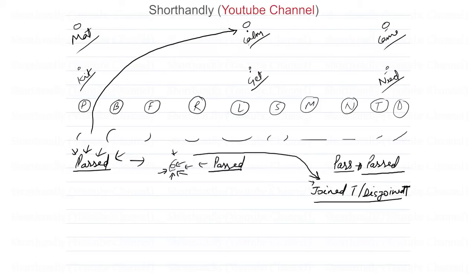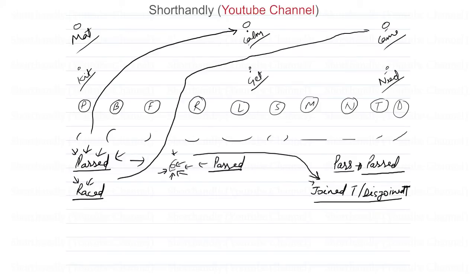Let's take another. Suppose we have a word called raised. Again, this word is in past tense. First we have this R, then the A vowel, which is similar to the one in came, then again S, then D. So let's make this word raised.